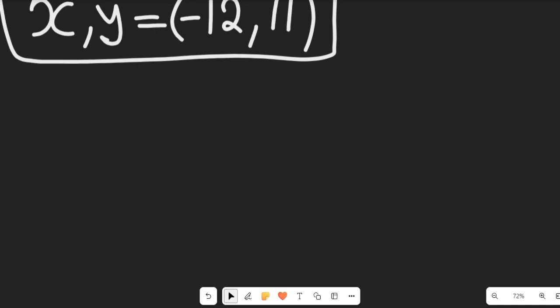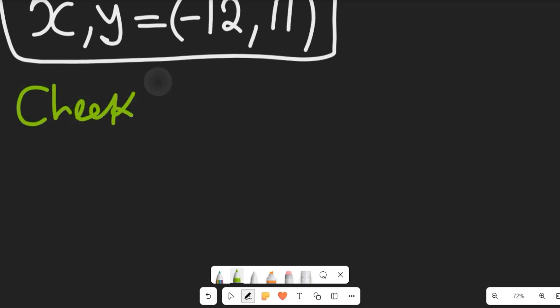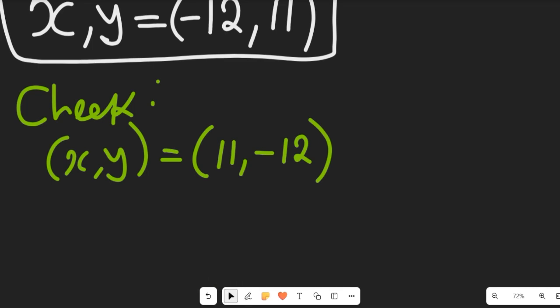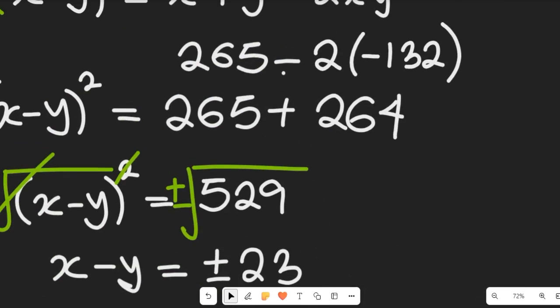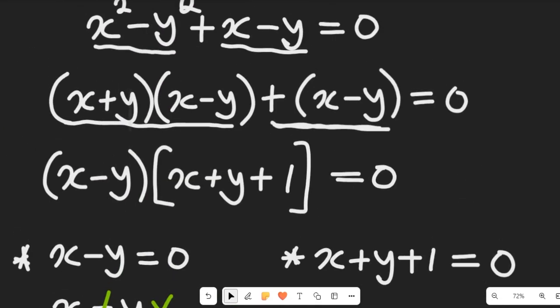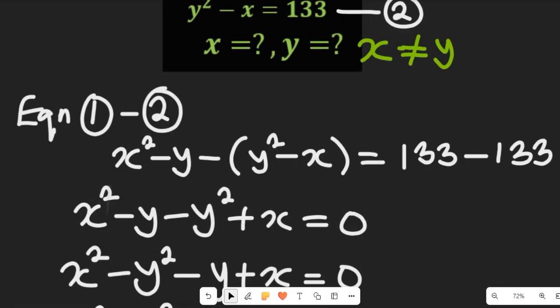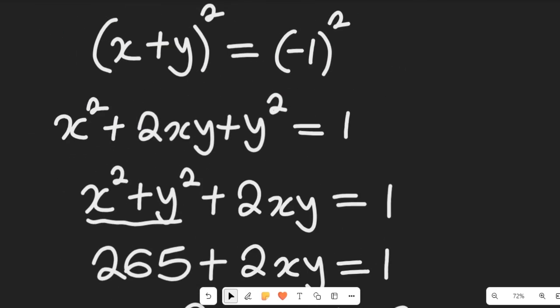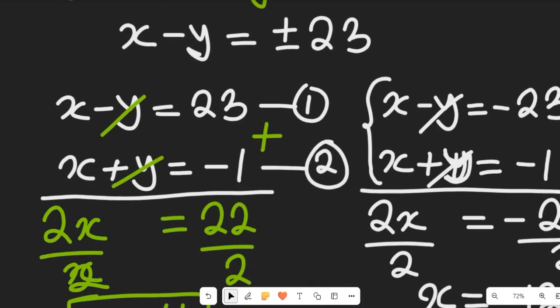Now to check, we're going to use this expression. Let's check using the value of x comma y equal to 11 comma negative 12. Using the first expression given to us in the initial equation, x squared minus y equal to 133.